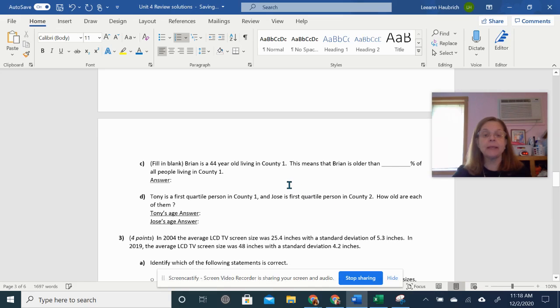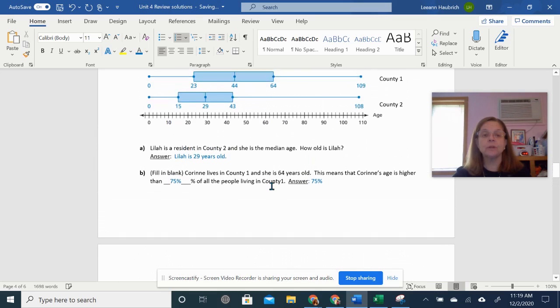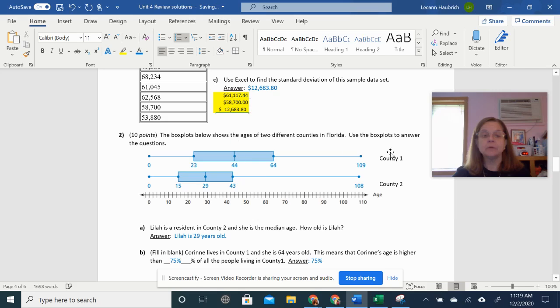Okay, it says Brian is 44 years old. Should say years old. There's an error, but I'll add the S, but it probably won't show on yours. Brian is 44 years old, living in County 1. This means he is older than what percent? So we're going to County 1, looking for 44. 44 is the median.